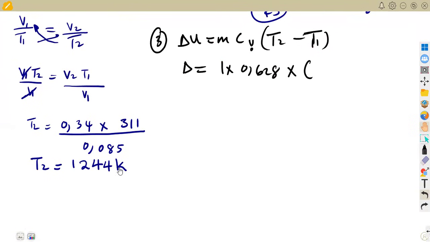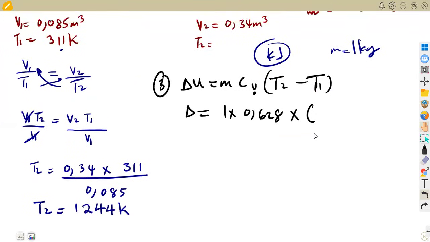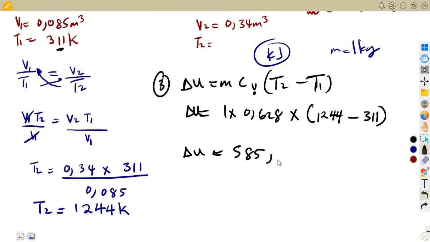We got 1,244, so that's 1,244 minus T1. Initially, we have 311. So this gives us the change in internal energy, and that was going to give us 585.924 kilojoules per kilogram, since we used per each kilogram of the mass.